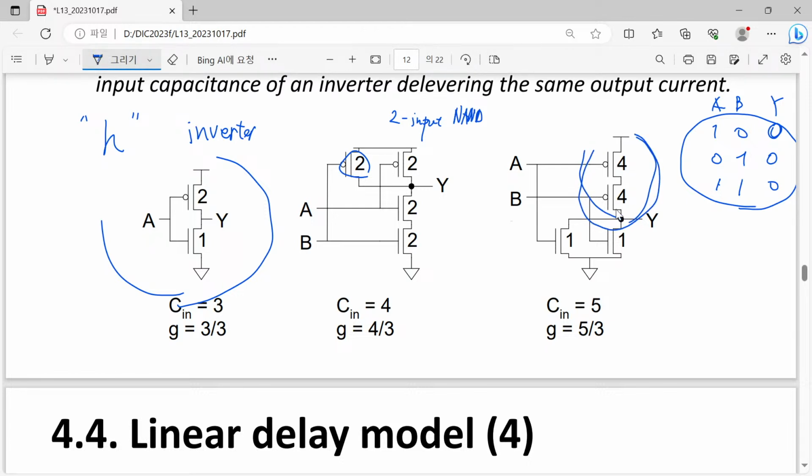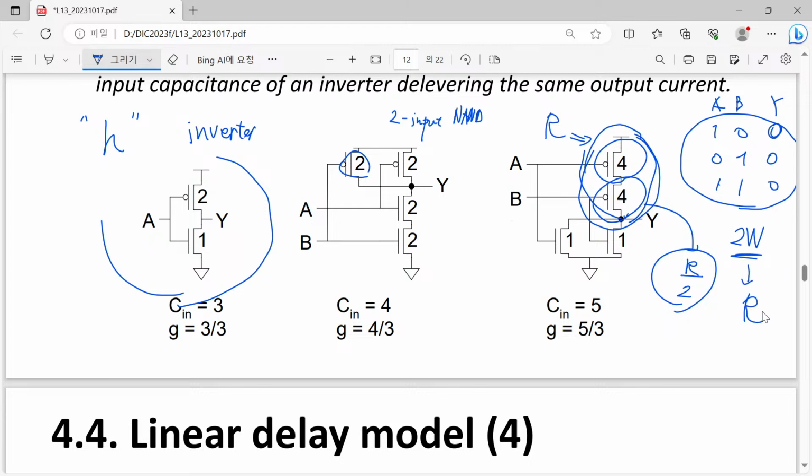In this case, we have to have anyhow once again R. So each of them should have 2 times half of R. However, when our PMOSFET has 2 times the unit width, it has just R.